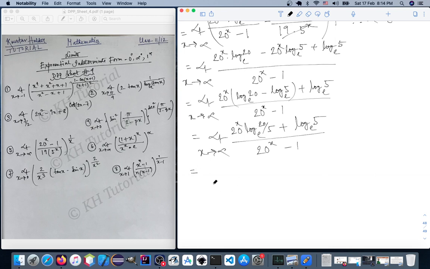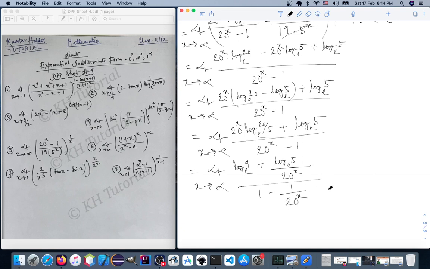If I divide every term by 20 to the power x, we get log of e 20 by 5, which is log of e 4, plus log of e 5 divided by 20 to the power x, by 1 minus 1 by 20 to the power x.